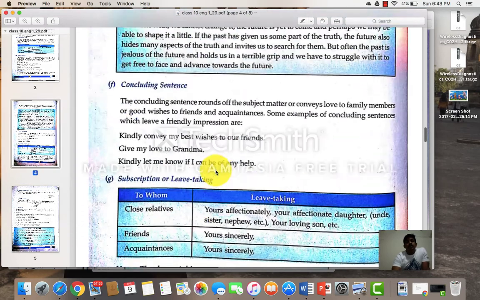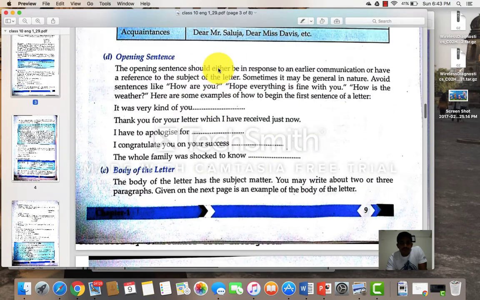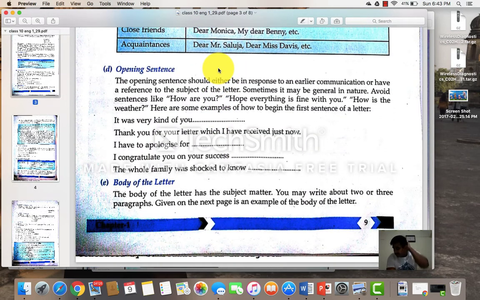So how do you write the body of the letter? The opening sentences, an opening sentence can be any one of these. Try to avoid how are you, how is the weather, and such simple beginnings. It is better if you choose any of these five types of beginnings, which are mentioned here.